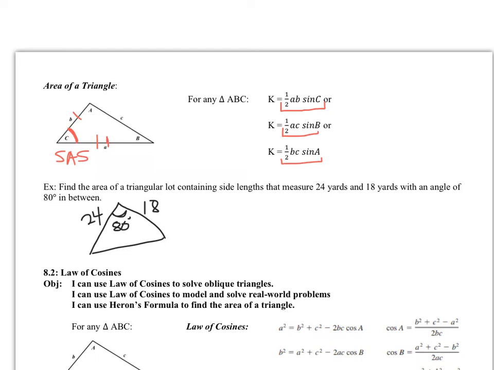There's your side angle side grouping. Because of this, I'm just going to default that first formula, but you could really pick any one of the three to work with. I'm going to write out my formula K equals 1/2 AB times sine angle C.